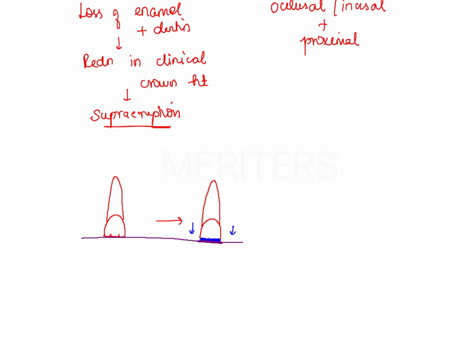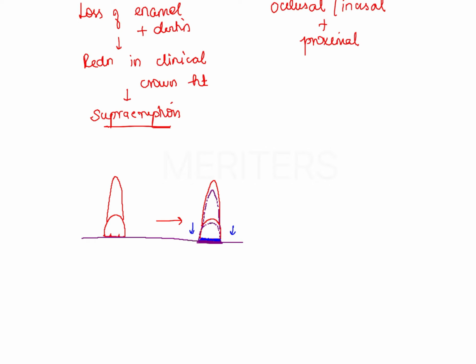It is to achieve occlusion with the opposing tooth, and therefore now the incisal edge is at the level of occlusion. But you can observe that along with the crown, even the root tends to move out of the socket, because supra-eruption includes the movement of the crown with the root.